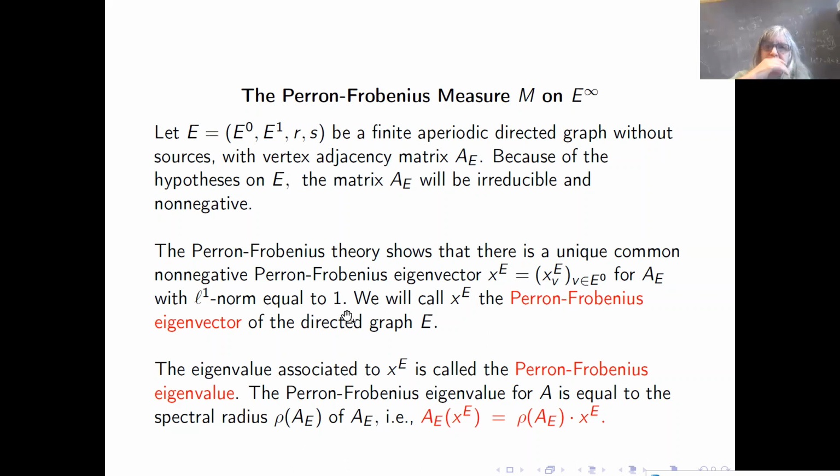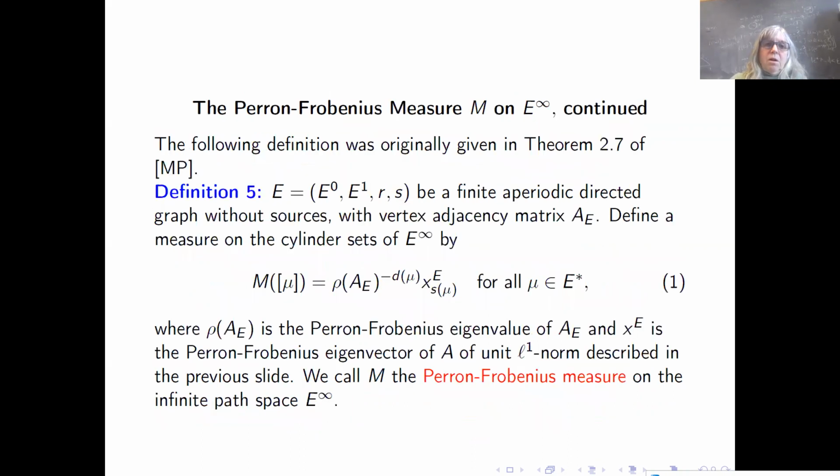And that's going to give us a probability measure on the infinite path space. So here's the rule. The spectral radius is this largest eigenvalue, the Perron-Frobenius eigenvalue for A. And when we let A sub E act on the Perron-Frobenius eigenvector, we just get this largest eigenvalue times the eigenvector. Definition of eigenvectors.